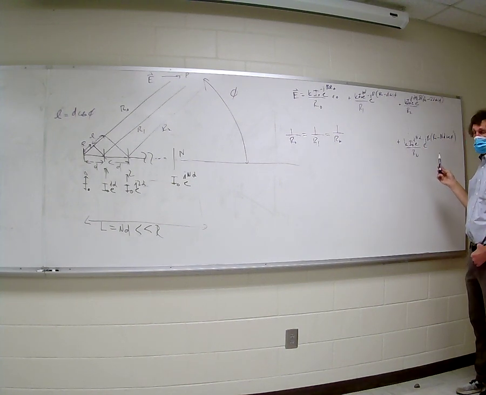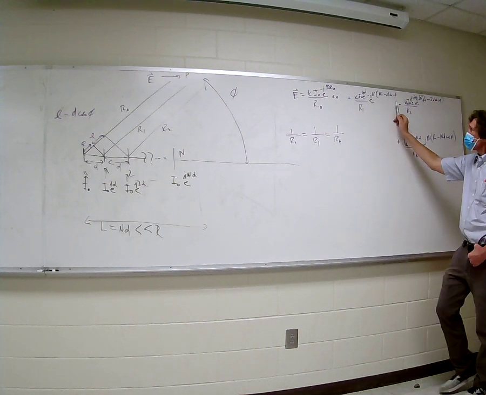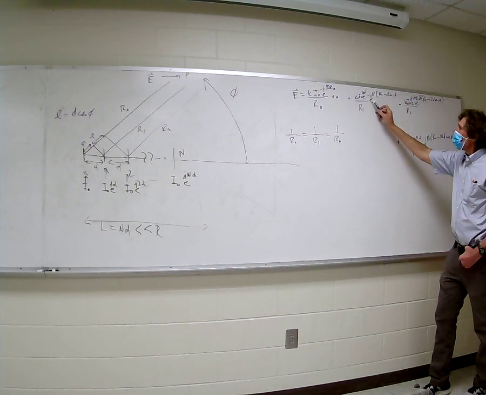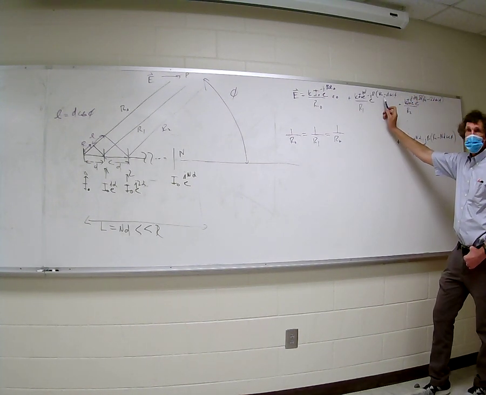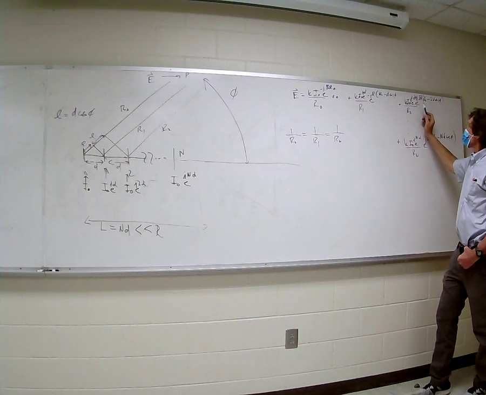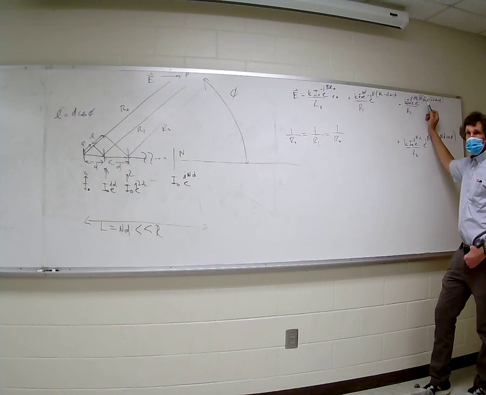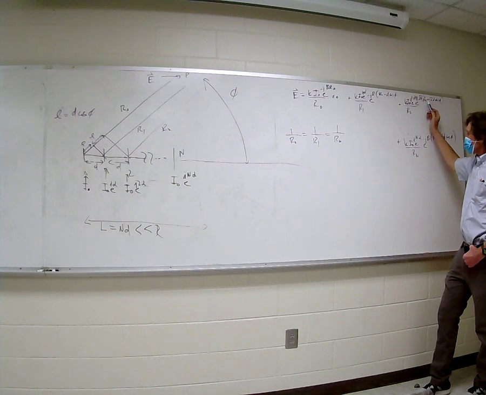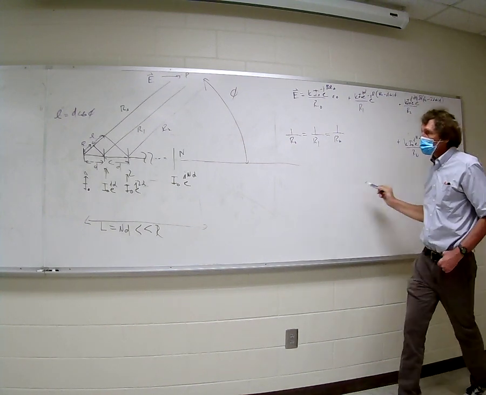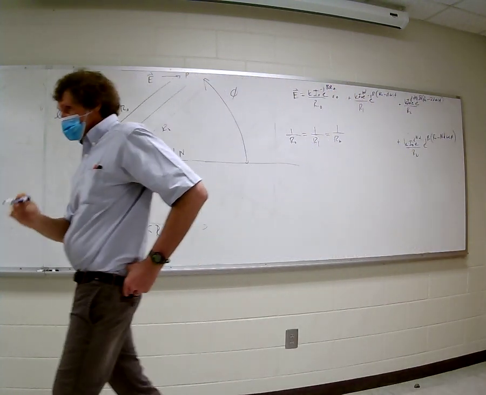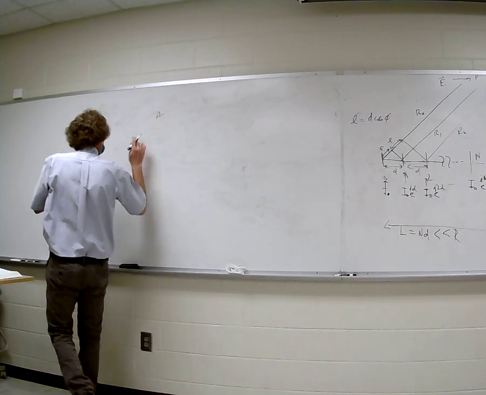Something else I can take out. Just look at this. Multiply this part through. I get an e to the minus j beta R naught there. I get an e to the minus j beta R naught there, don't I? As a matter of fact, I can factor that out. I'm just trying to do this to simplify stuff for you.